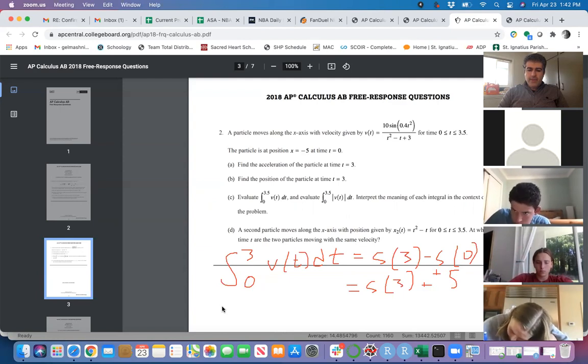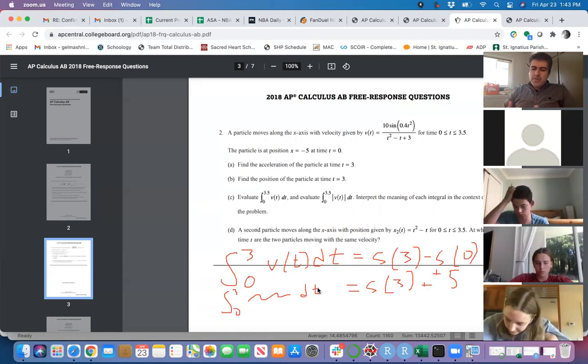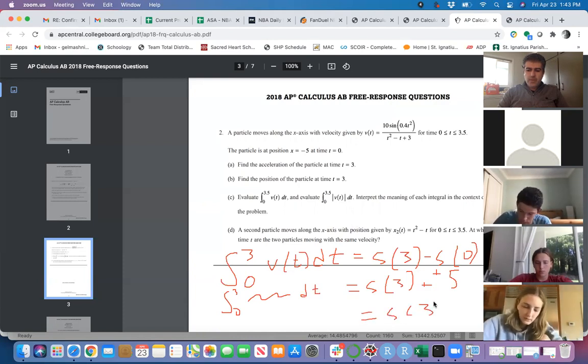And then you got to work out this integral, 0 to 3 of all that junk, which I don't feel like writing, dt. And you got to use your calculator to do it. So s of 3, the position at t equals 3, will be -5, because I got to move the 5 from right to left. So -5 plus the integral from 0 to 3 of all that junk, dt, right?